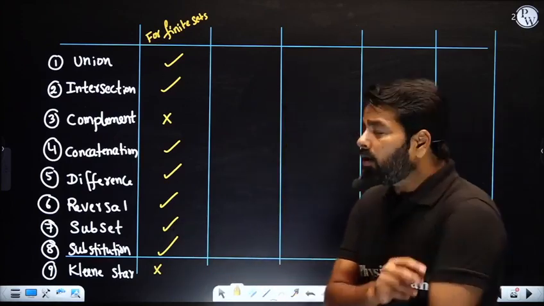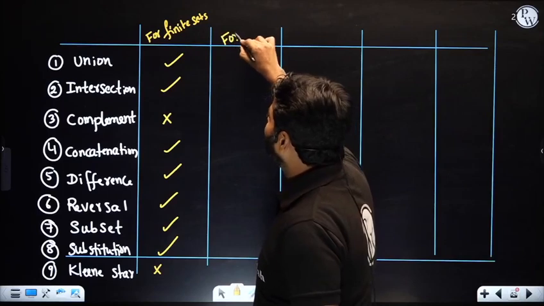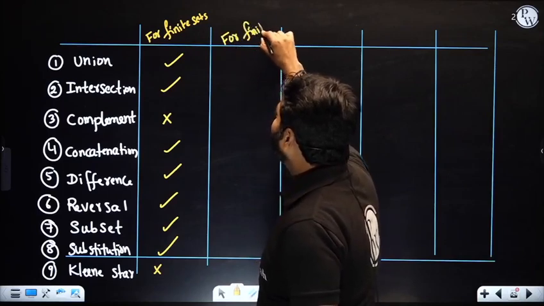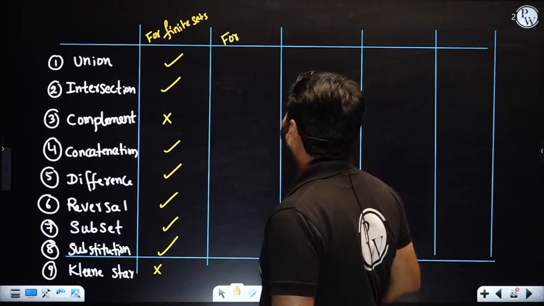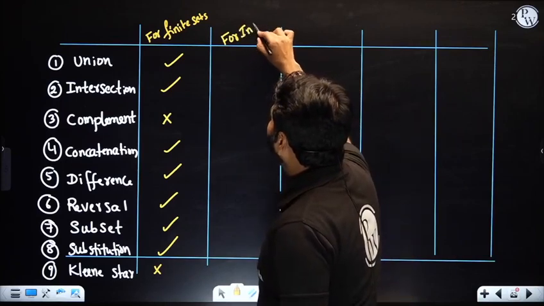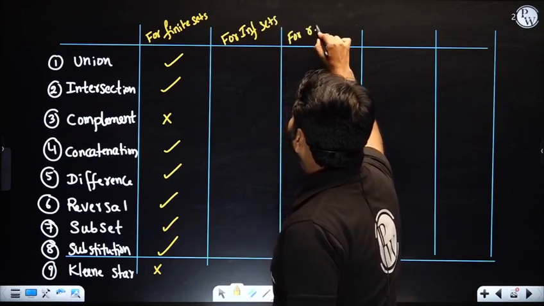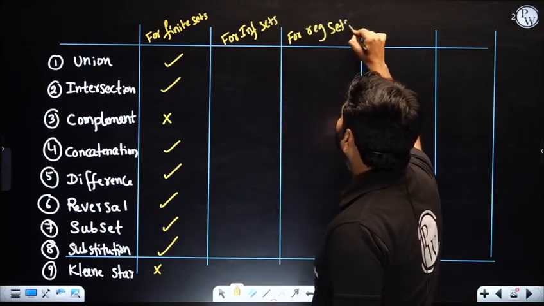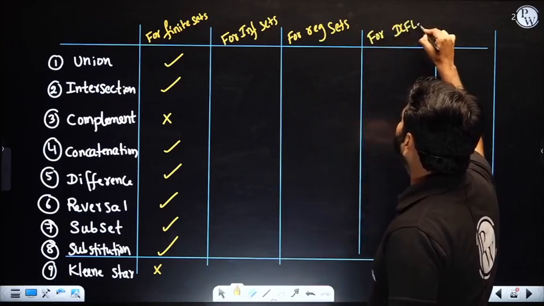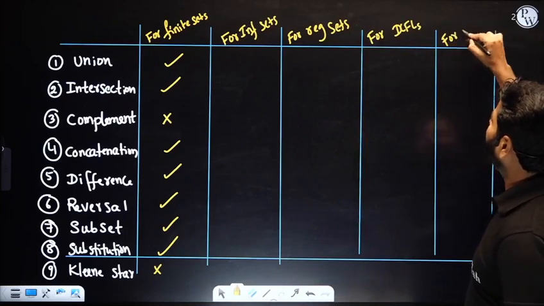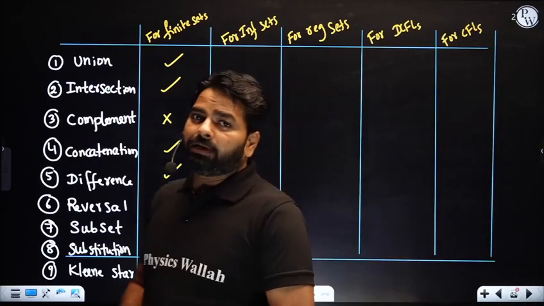So I filled one column, so the remaining is your job. Do not expect me to answer all these questions, but you can catch me and ask any doubt later, not now. For infinite sets, for regular sets, for deterministic context free sets, so DCFLs, for context free languages, you fill this table and keep it with you, definitely it will help you from the exam point of view.